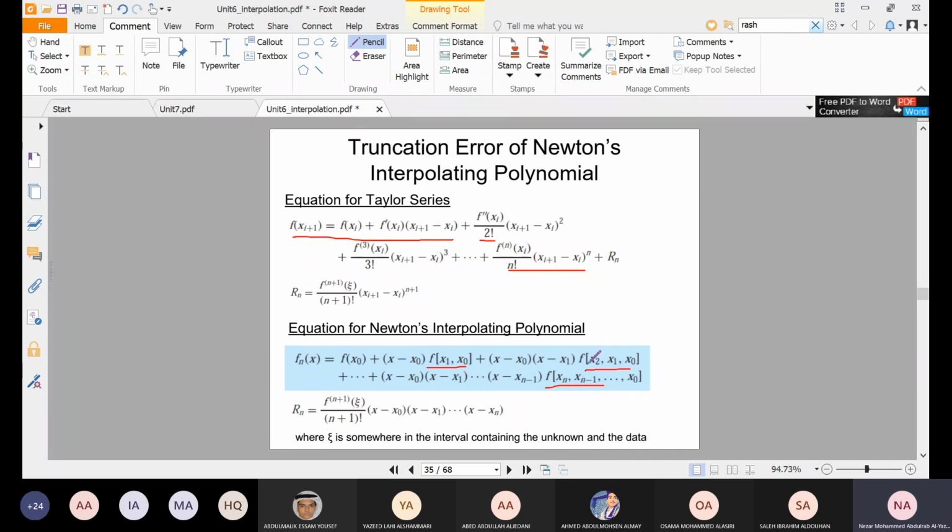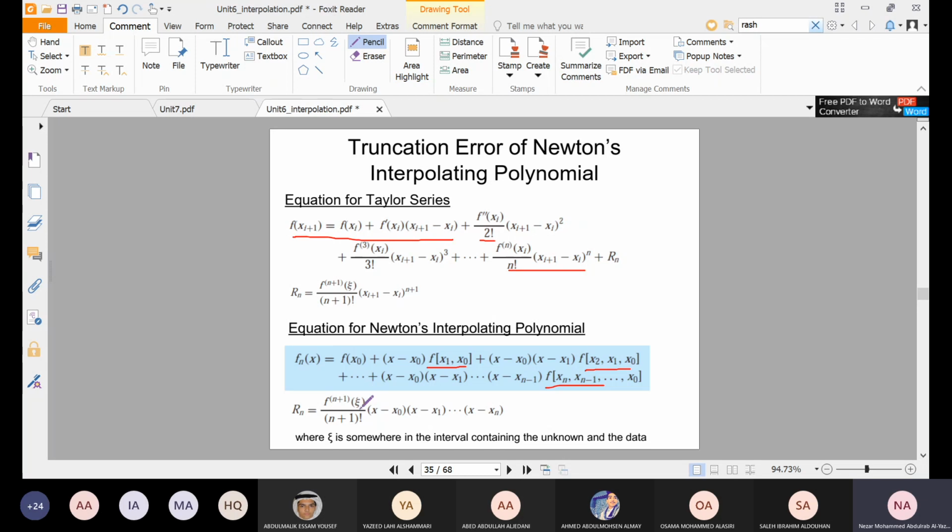So we can replace the divided difference by the derivative of the function. If we take the same formula, we take the n plus 1 derivative of the function over n plus 1 factorial.